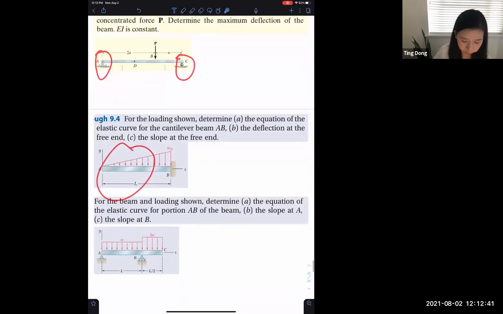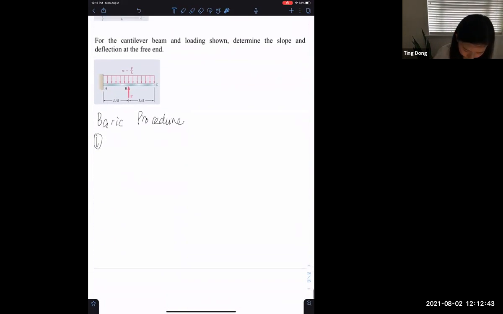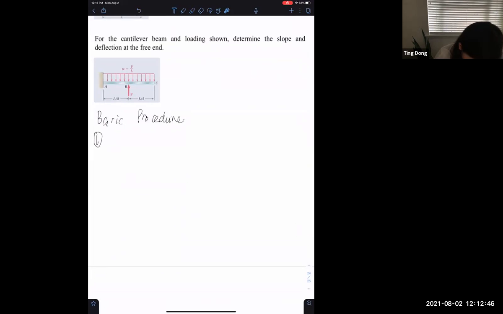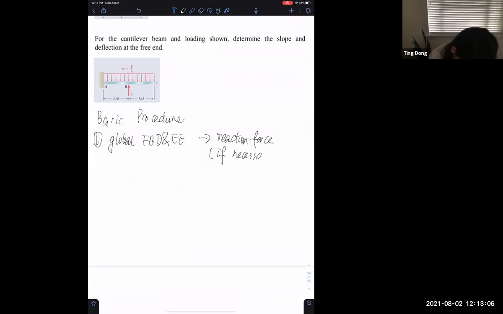So the first step is, use the global free body diagram and equilibrium equation to calculate reaction force if necessary. So basically the free body diagram of the entire geometry.